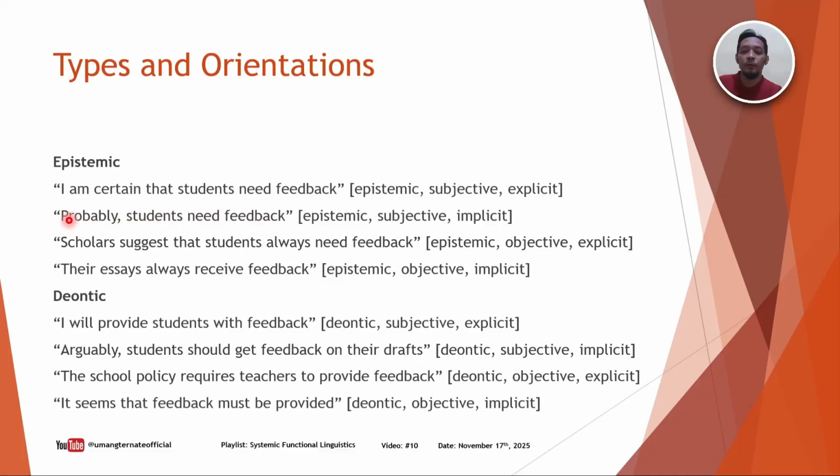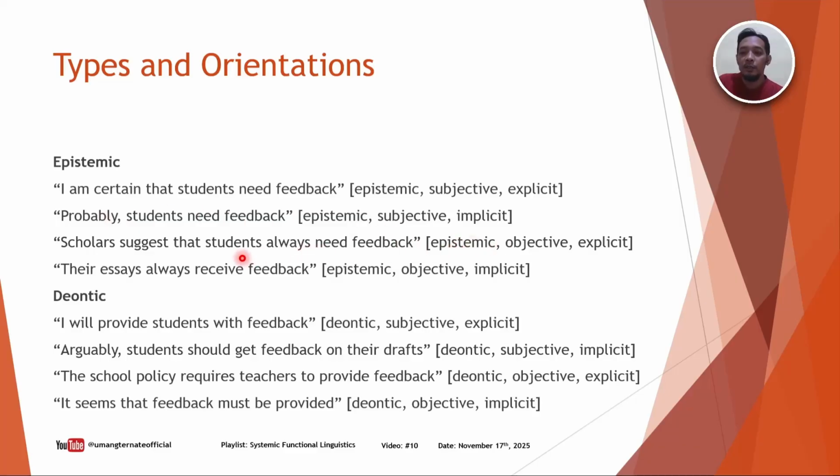When someone utters this clause, he or she expresses his or her own judgment about the students' need of feedback. But here in this clause, the source is not directly stated.